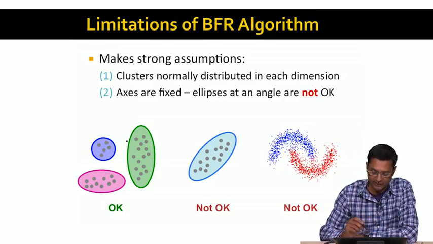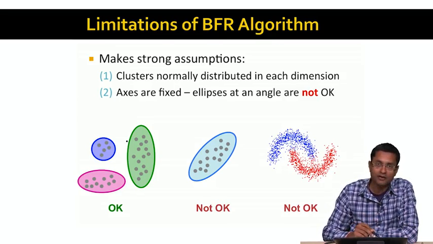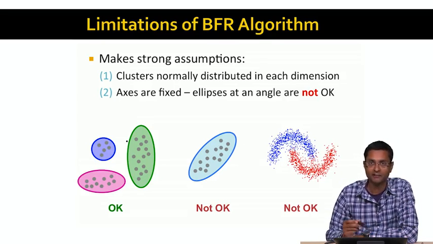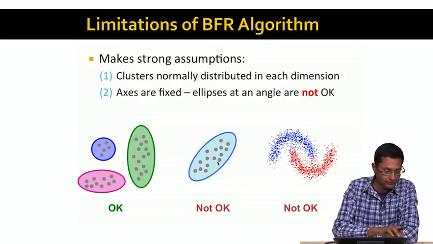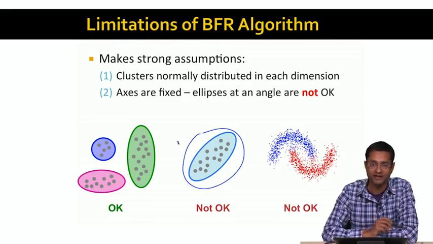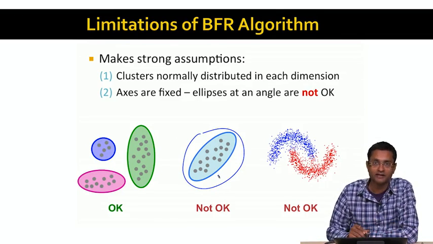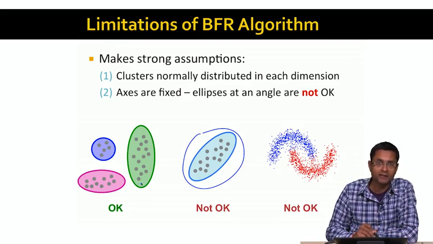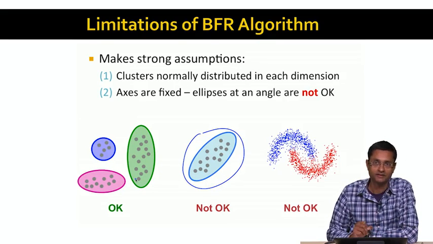But if your clusters are not oriented along the x or the y-axis in this case, or along the axes in general in the multidimensional case, but are at an angle to the axis, as I show in the second picture here, that's not okay. The BFR algorithm will not find a cluster that looks like a tilted ellipse. It can only find clusters that look like either upright or horizontal ellipses.